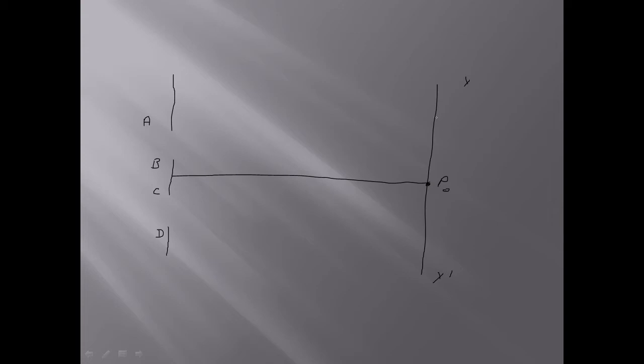Now our aim is to find out the position of maxima and minima at point P. The incident rays are reaching at point P through the lens with a diffraction angle theta.